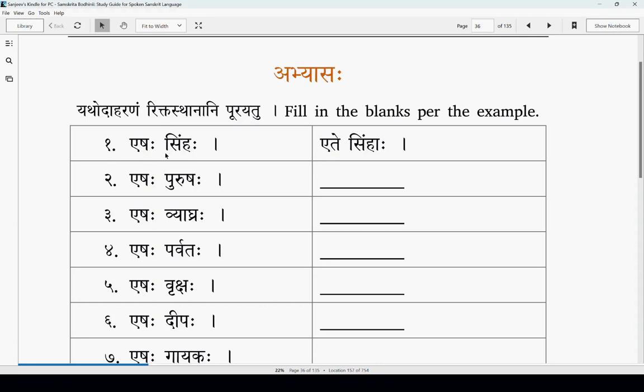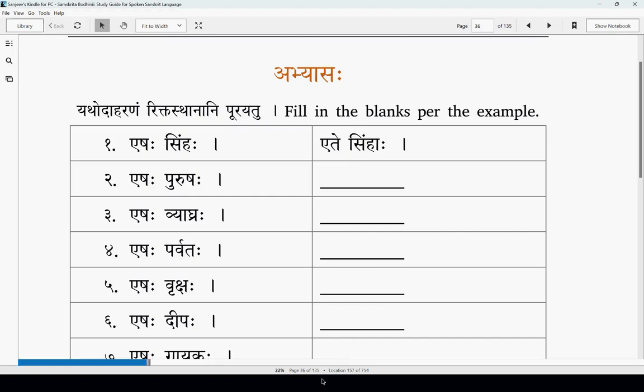As long as the other word, the simha, purusha, is singular, then esha will remain for all of them. Similarly, if the other word is pullinga plural, then ete will remain the same for all the words.